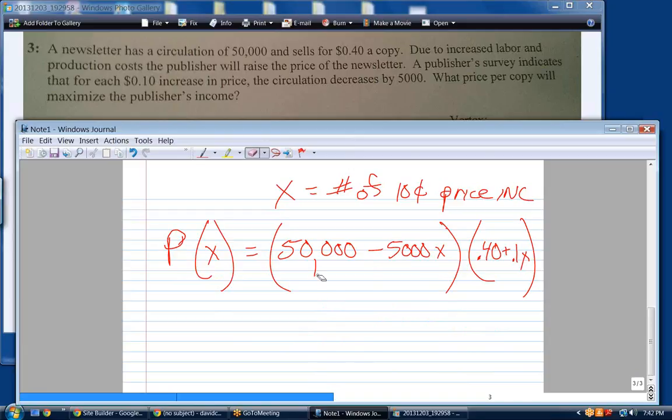Obviously, if we multiply that together, we have a quadratic. You can put your quadratic into your calculator, come up with... We can just graph that as it is right now. Okay, it works for you? You don't have to multiply it together.